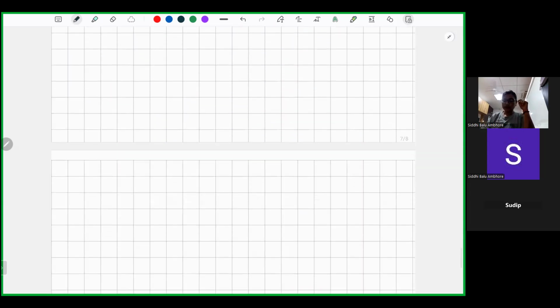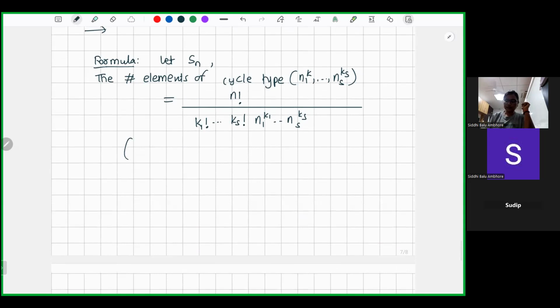This is the formula which we have. Here the summation of ki times ni is n, where i goes from 1 to s, and ni is not equal to nj for all i not equal to j.